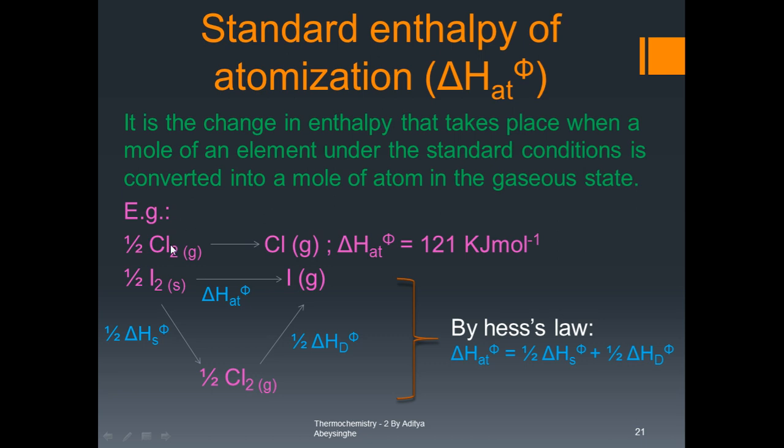For example, chlorine is Cl2 gas in the standard state, so you take half a mole of Cl2 and break it into Cl gas, forming 1 mole of atoms. The required energy for such a reaction has been found to be 121 kilojoules per mole.